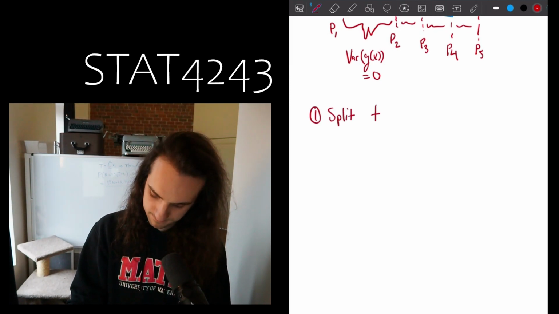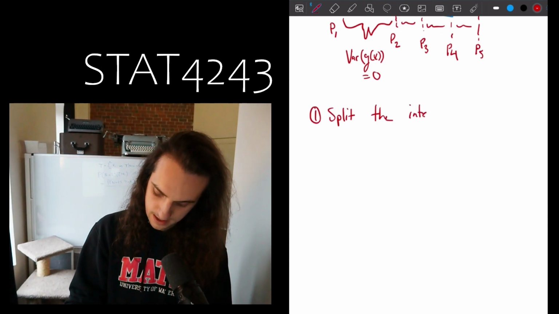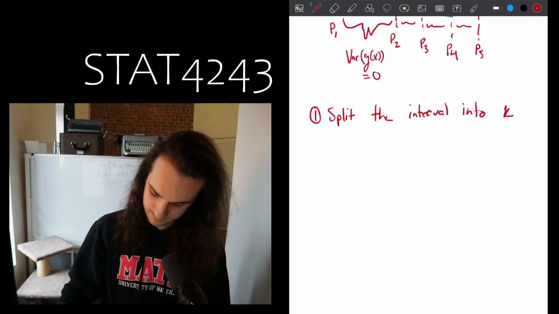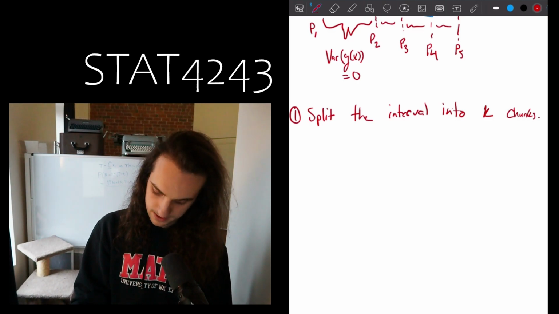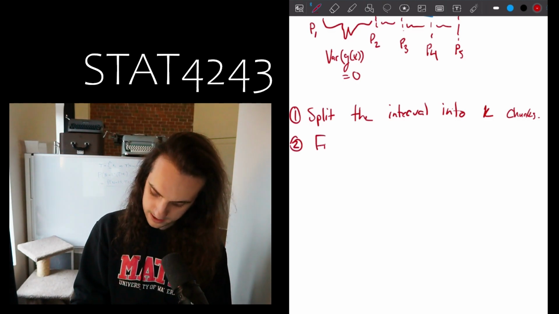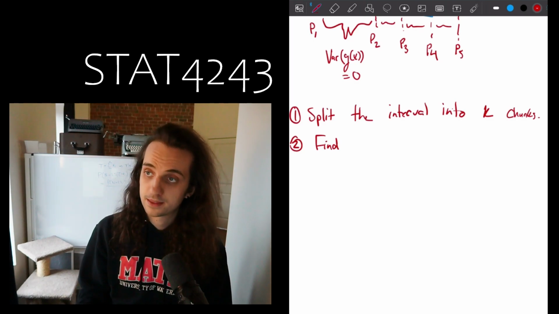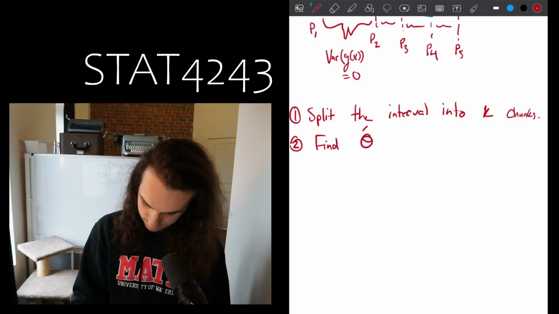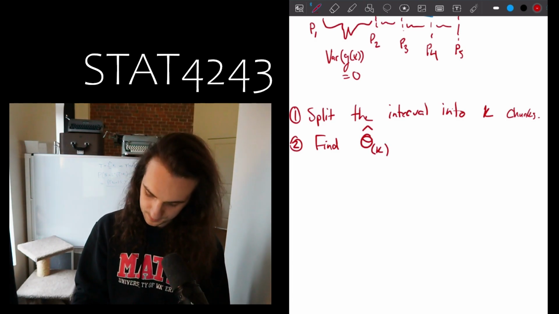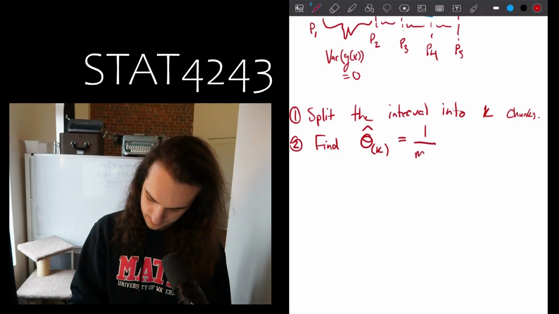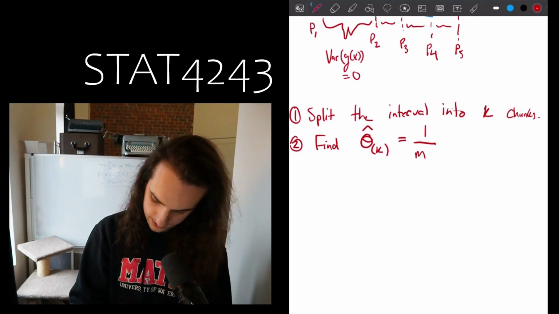Okay, so essentially what we're thinking about with stratified sampling is that first we're going to split the interval into k chunks. The second step is to find theta hat L, we'll call it, since I should use a different indicator other than k.